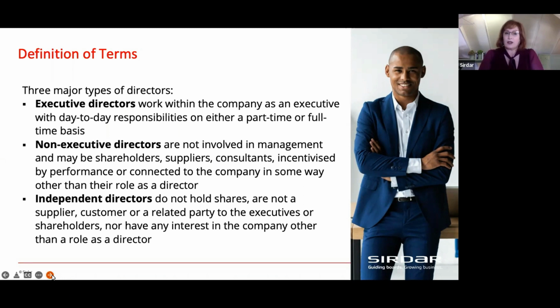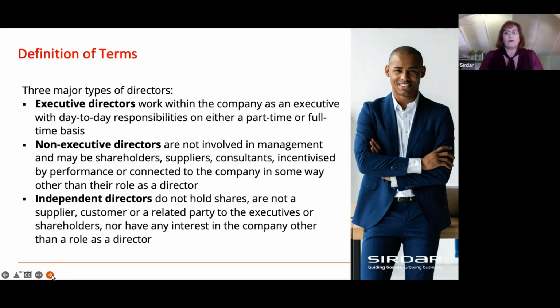You've got your non-executive directors who are not involved in management decisions, but they could be a shareholder, a supplier, a consultant, could be incentivized by performance or connected to the company in some way other than just being a director on that board.